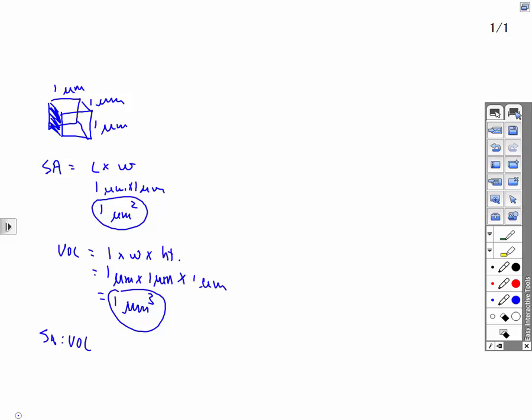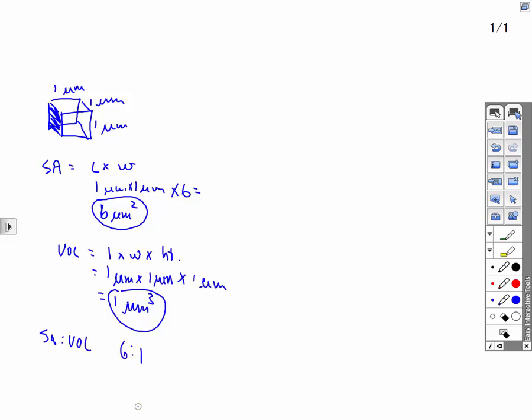I have 6 sides, so I have to multiply this times 6. So actually, my answer is 1 times 1 times 6 sides, so it's 6 square micrometers. My volume is just 1 cubic micrometer.